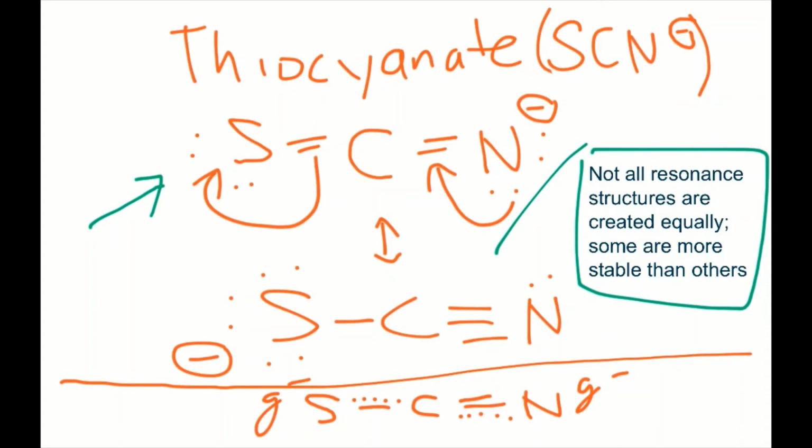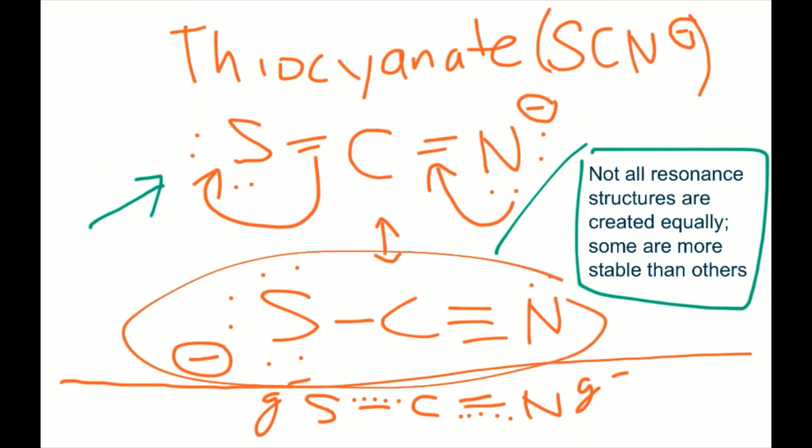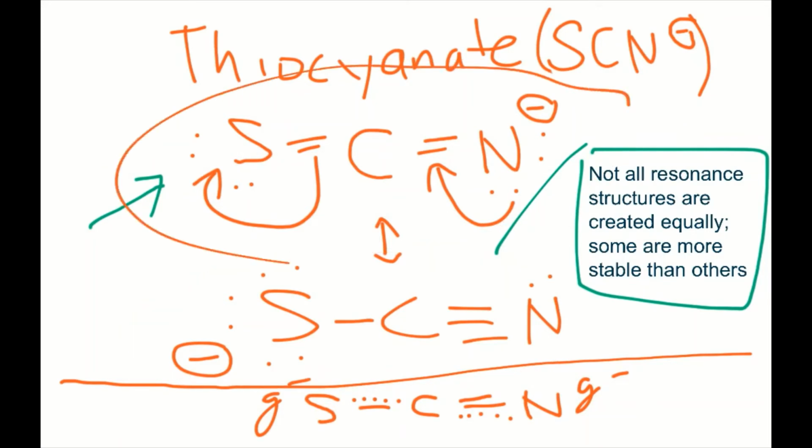And I'm not going to put numbers since these two structures do not weigh in equally to the hybrid structure, since one structure, namely this structure, is more stable than this structure. Because of that, this contributes more to the resonance hybrid that we see in real life.